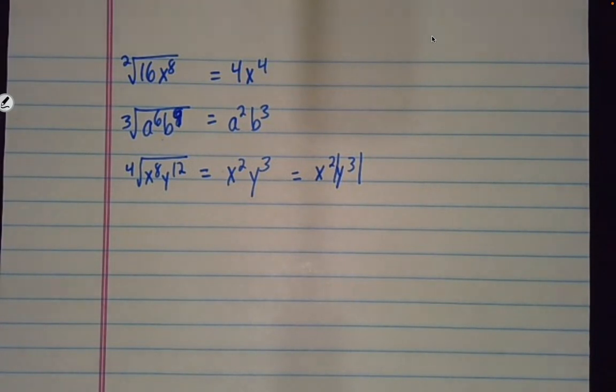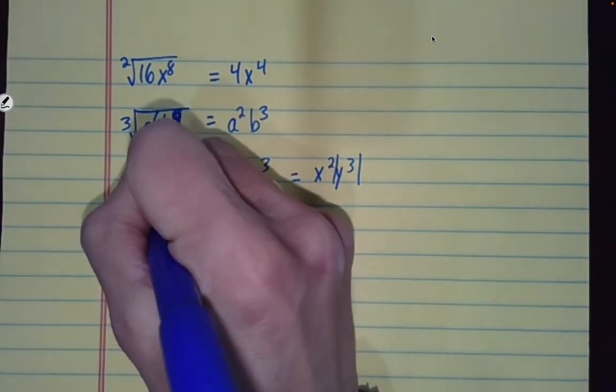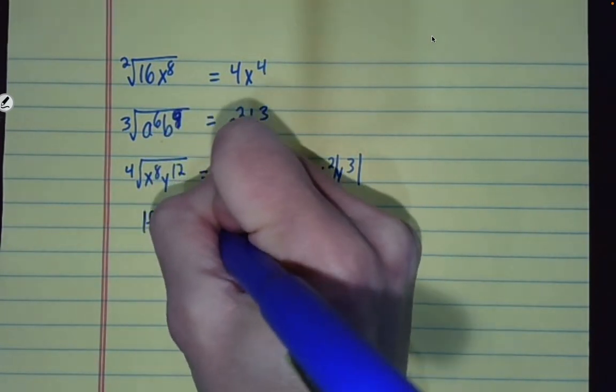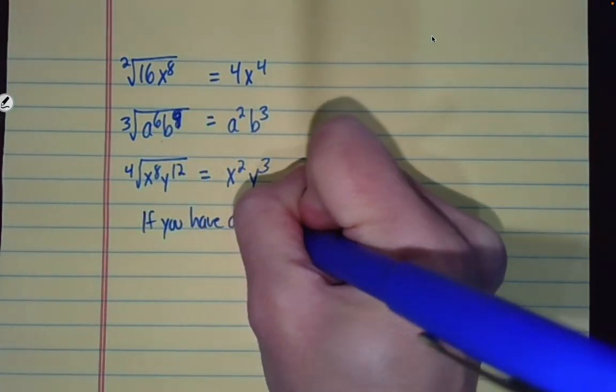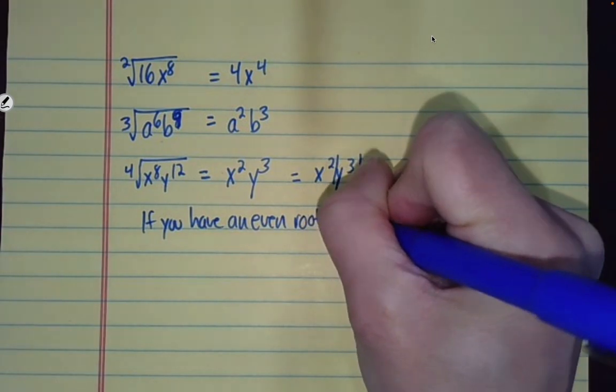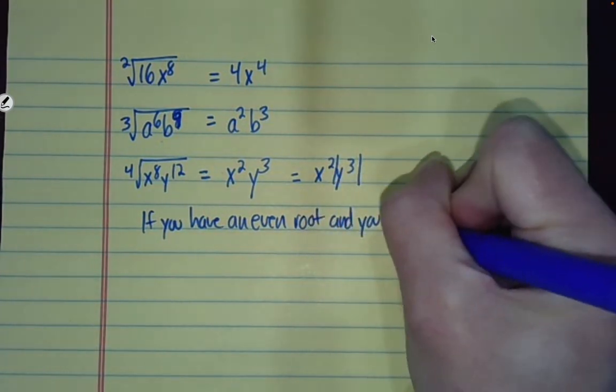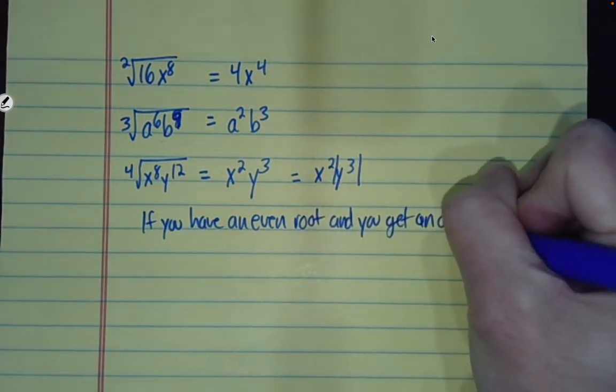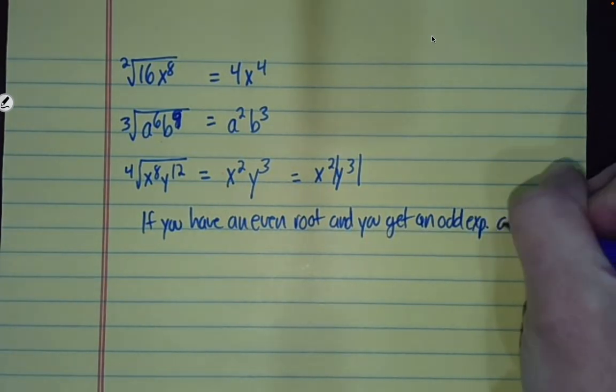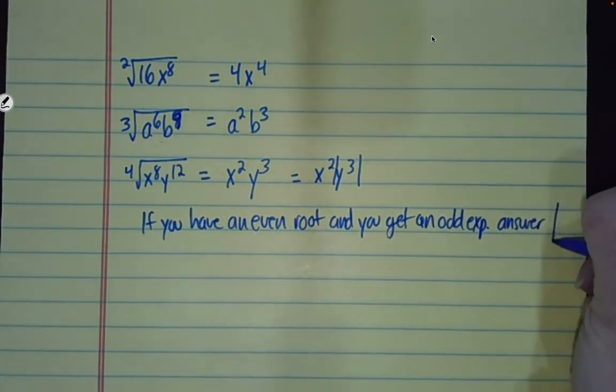You want me to say that again? If you have an even root and you get an odd exponent answer, that's when you'll use absolute value bars, okay?